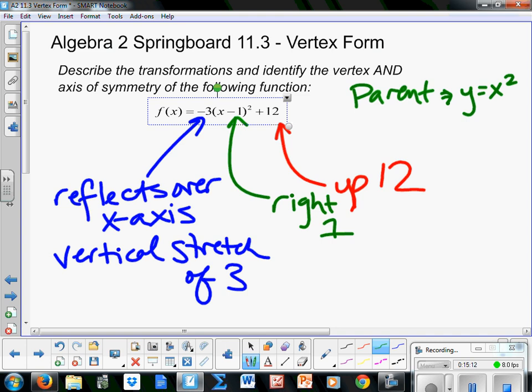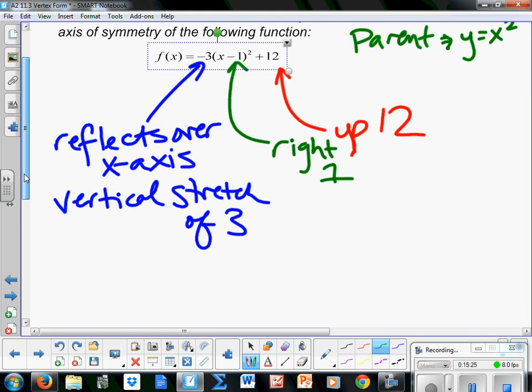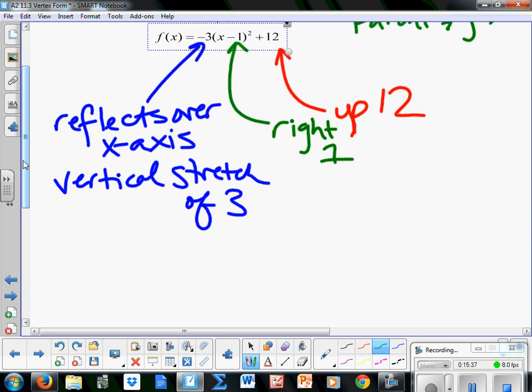Now to identify the vertex, we already figured out last time that these two numbers are what's affecting the vertex, right? Does that negative 3 have an effect? When we stretch a function, it doesn't actually change the vertex. It doesn't change that origin point on the graph. So all we need to look at, even with that negative 3 out in front, is the negative 1 and plus 12.